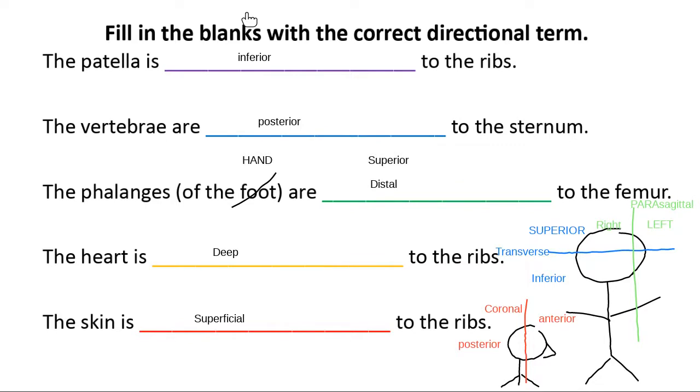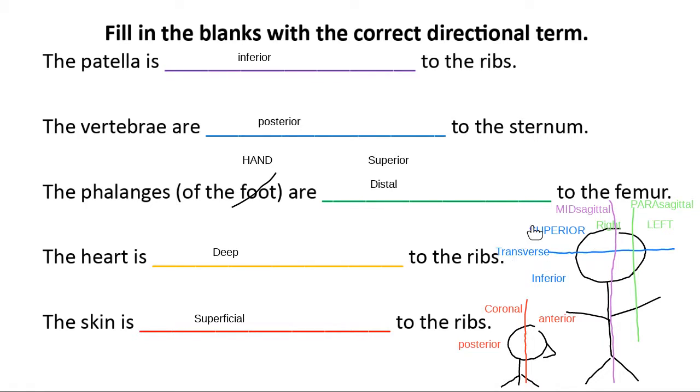What if my left and right parts were equal? What's their name if they are equal? If they are equal, we call that mid-sagittal. A mid-sagittal plane makes equal left and right. Unequal left and right is parasagittal.